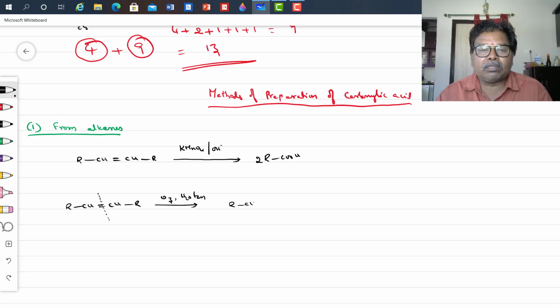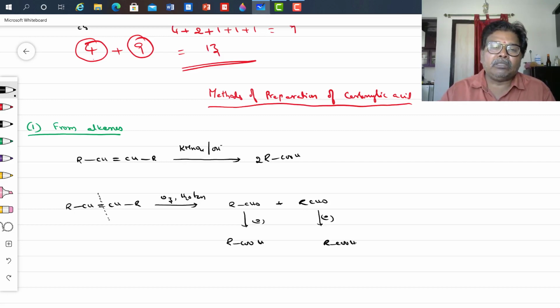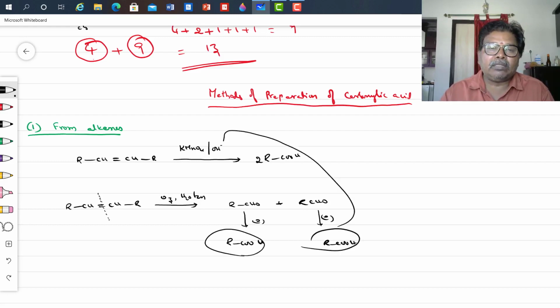We will get RCHO, RCHO. Then you oxidize these again. Whatever aldehydes you got in the ozonolysis reaction, oxidize them. Any aldehyde when oxidized gives a carboxylic acid. So these are the products in this reaction. Like this you remember.